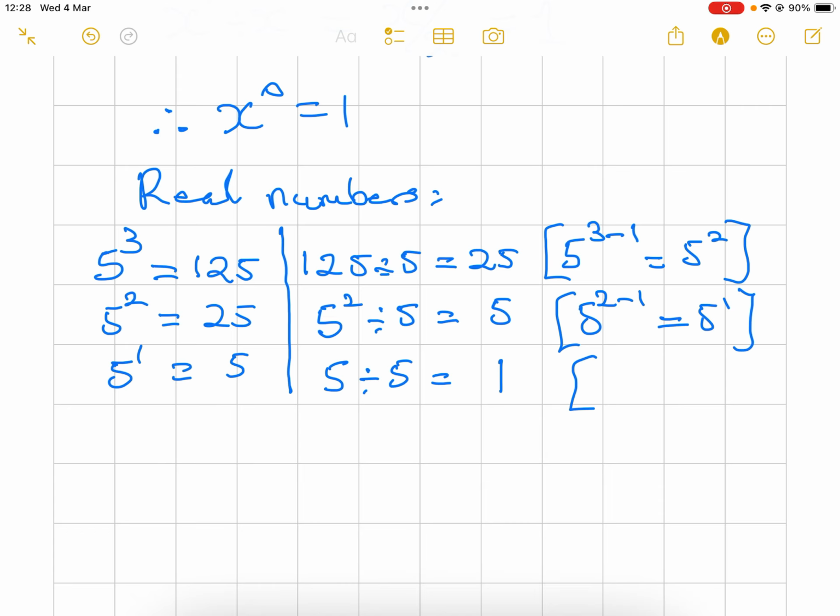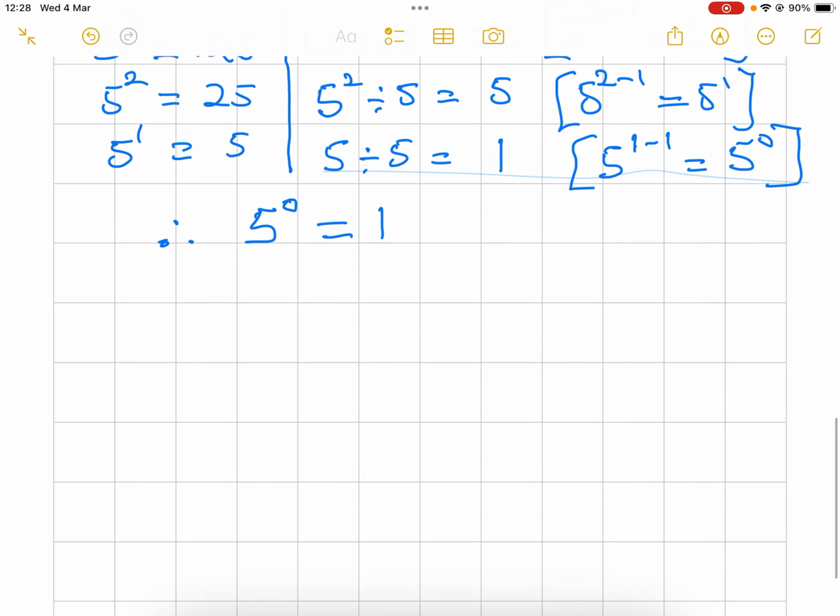How did we come about that? 5 raised to power 1 minus 1, which is 5 raised to power 0. Therefore, again, 5 raised to power 0 is 1. This works for any non-zero number.